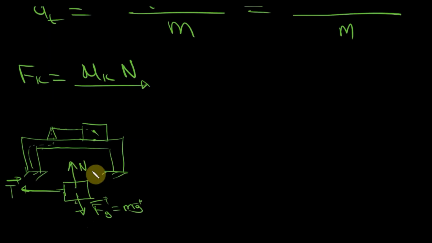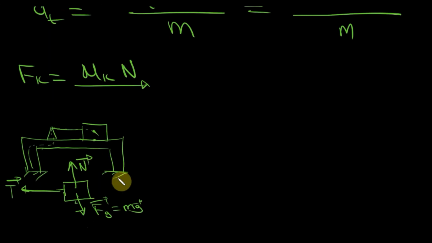Then we'll have our normal force acting upward. It exists because the block is in contact with the table. That contact force is referred to as our normal force.